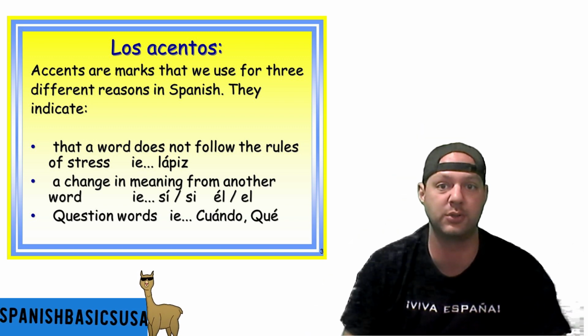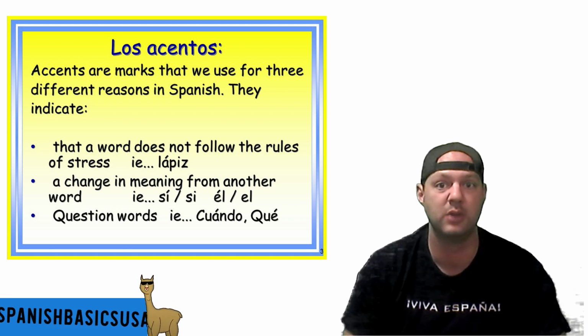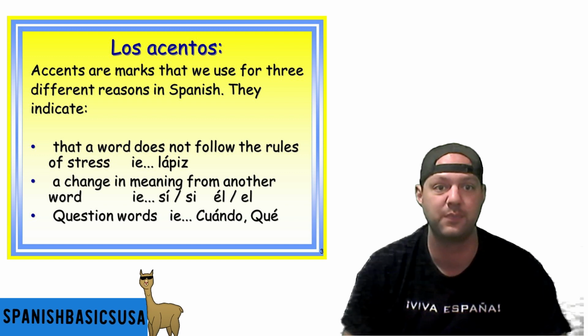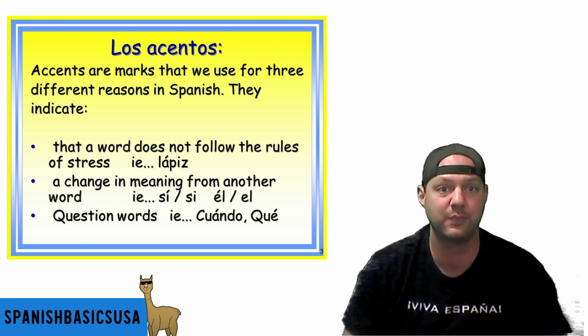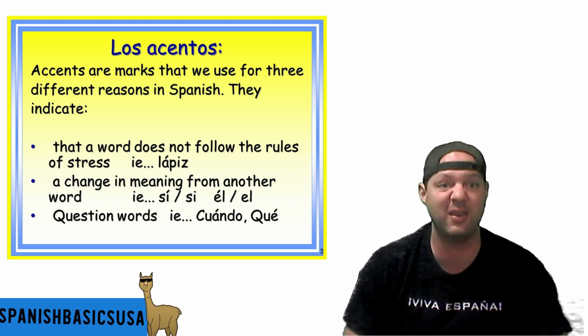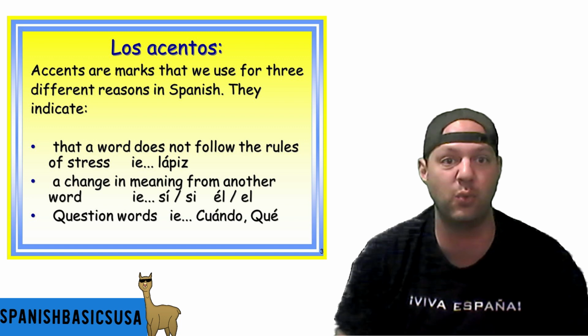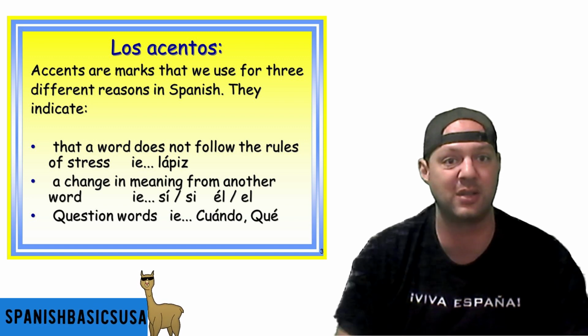Accent marks are also used when there's a change in meaning from another word. So for example, sí. Sí with an accent mark means yes, but si without an accent mark means if. And so you need to indicate which one you're using. So if you have an accent, it's yes.